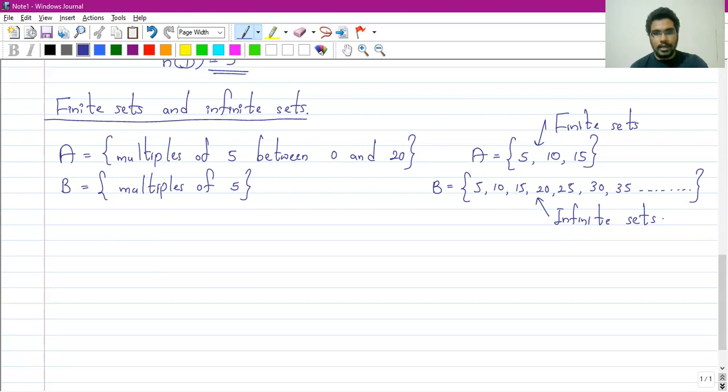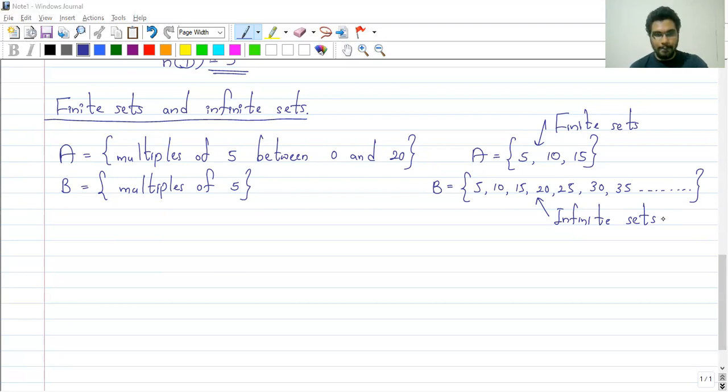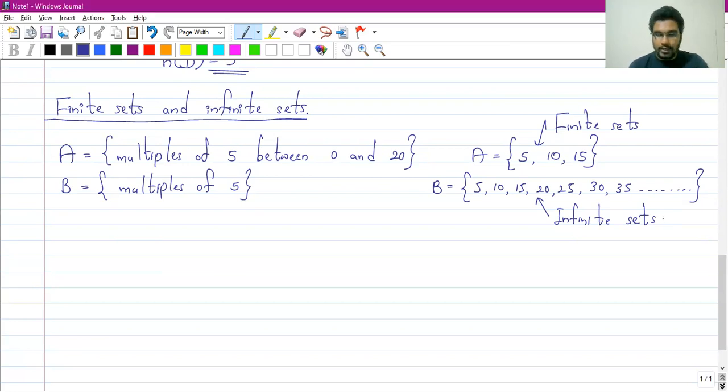I will explain these two again. Finite sets means if you write all the elements of that set, and that set has only a specific number of elements, we say those are finite sets.